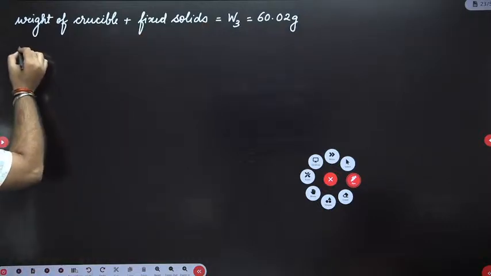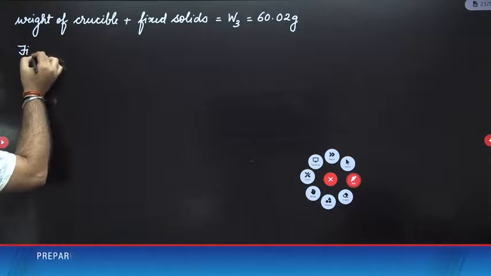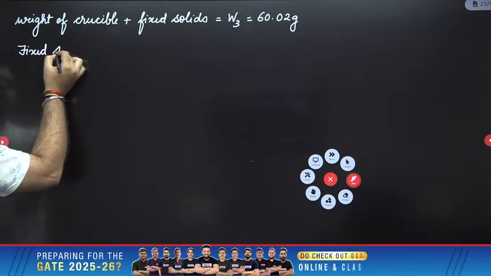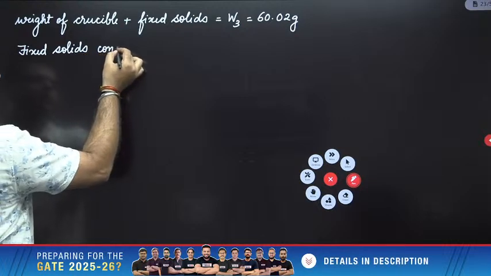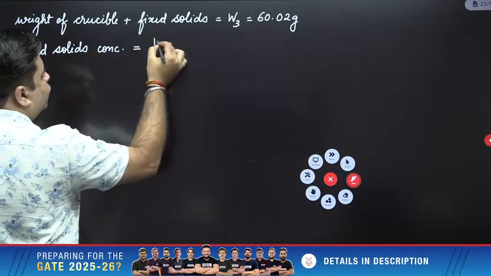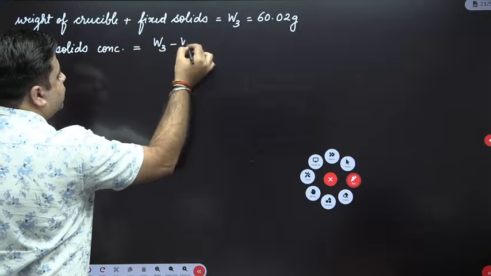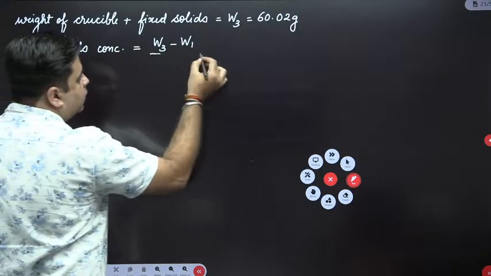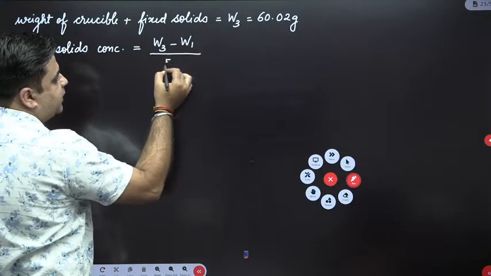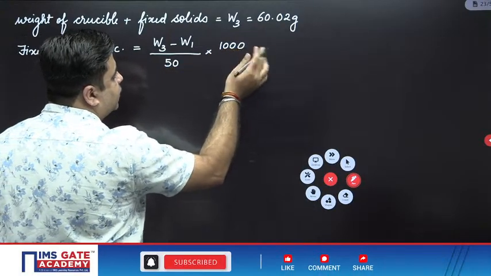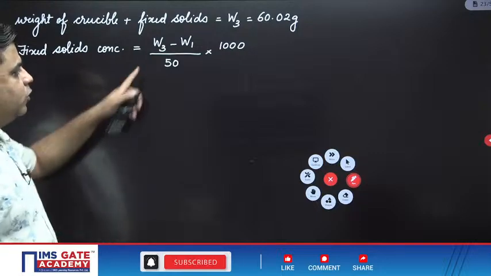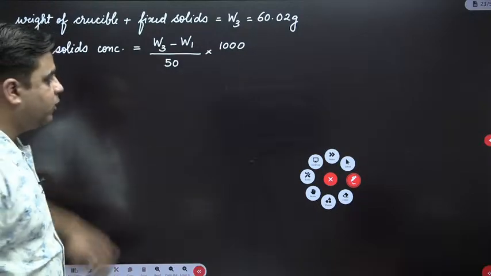So fixed solid concentration will be W3 minus empty weight of the crucible, which is W1. Now this much amount of fixed solid is present in 50 ml of the sample. So divide by 50, multiply by 1000. This will give you the fixed solid concentration of the water sample.